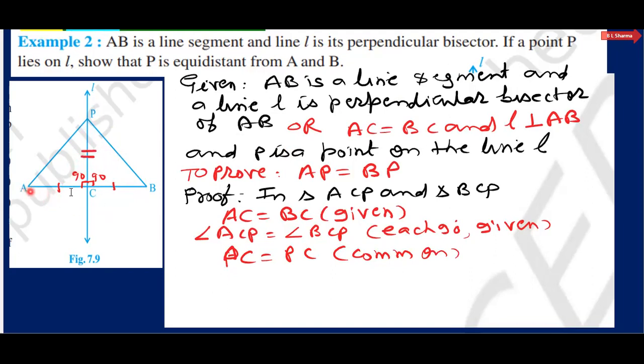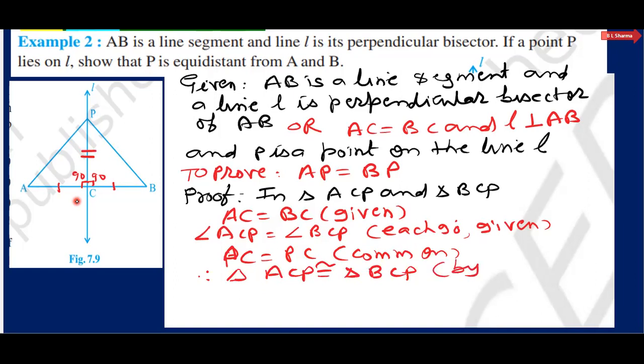Now you will see, two sides, means one side AC is equal to BC, PC is equal to PC, and this included angle, angle ACP, is equal to angle BCP. So therefore we can say that triangle ACP is congruent to triangle BCP.